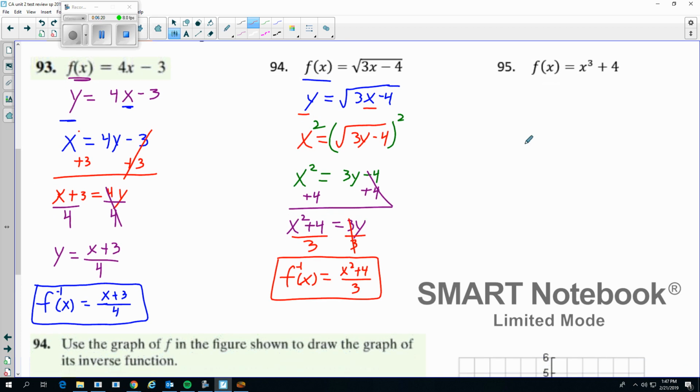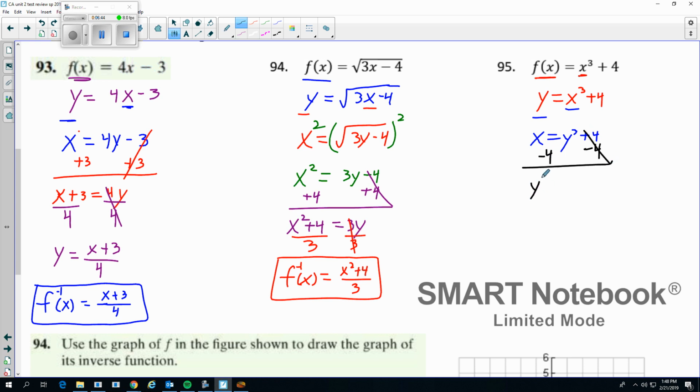All right, last one of this type. This one should be fairly simple. Let's start by writing y equals x cubed plus 4. Then we do a little swap right here. So x equals y to the third power plus 4. We subtract 4 from both sides.